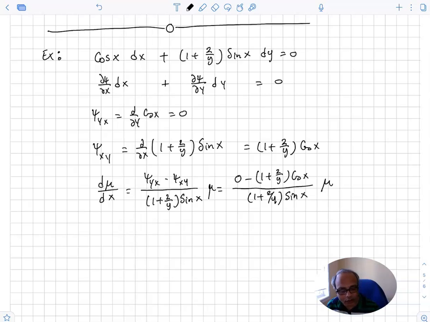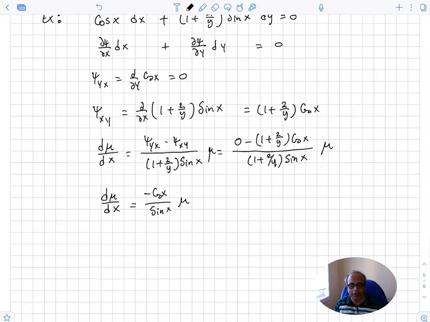And you can see that I'm missing a mu, so I'm going to put the mu here. Okay, so 1 plus 2 by y gets cancelled, so you get d mu dx is just negative cos of x by sine of x times mu, and this time you have found a separable equation, first order linear, which is separable, and you are able to solve this by separable technique.